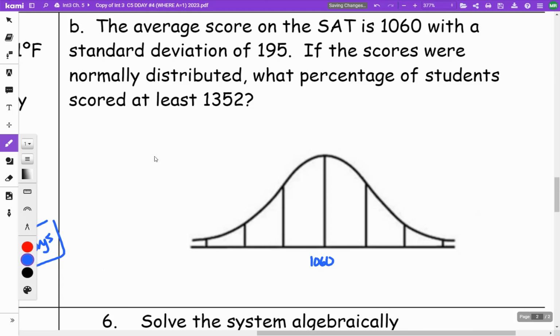And we want to see how many students scored at least 1352.